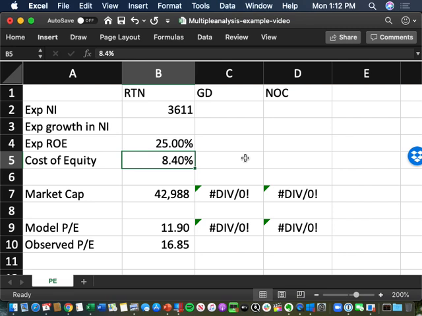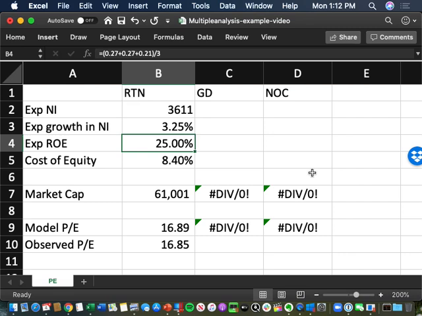So, just as we started to do in the valuation model, what does the growth in net income have to be to explain the observed PE in the world today? What if it were 2% per year? I want these to match up. Nope, it's got to be higher than 2. 3, getting closer. 4, too high, overshoot. 3.2, getting closer. 3.25, pretty darn close.